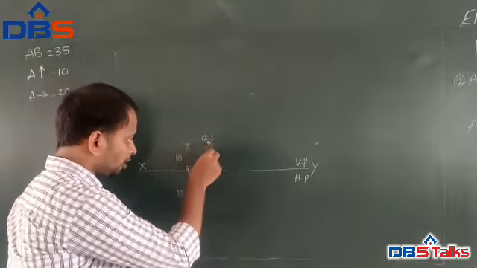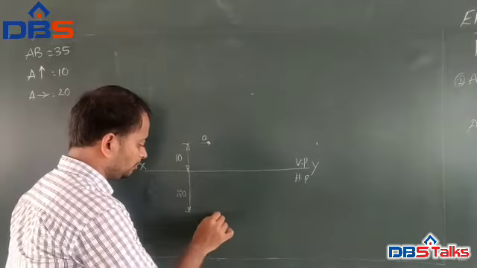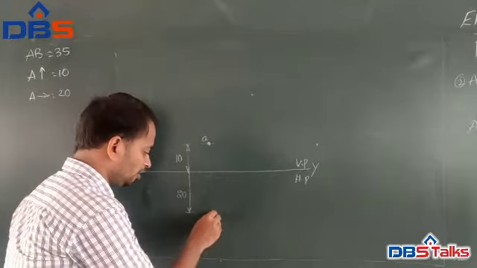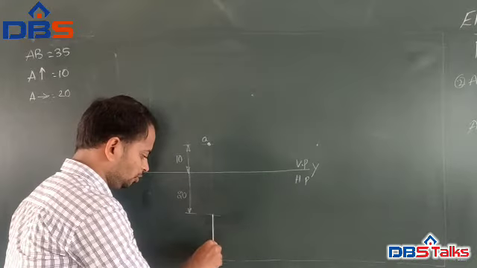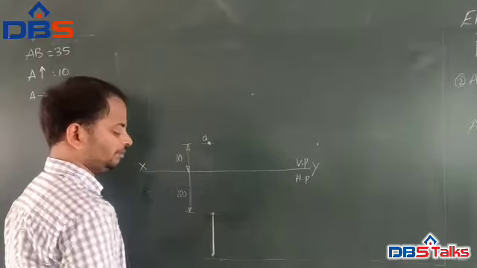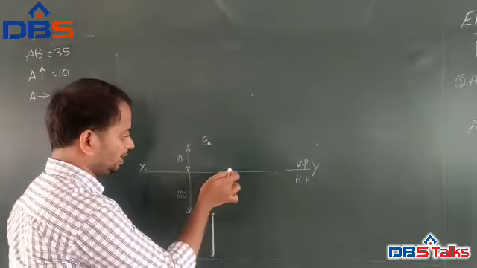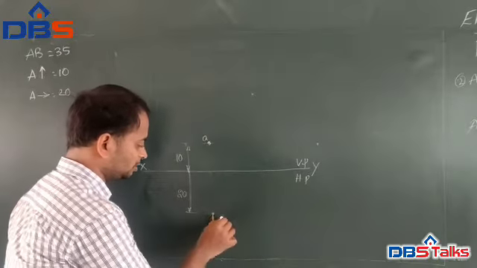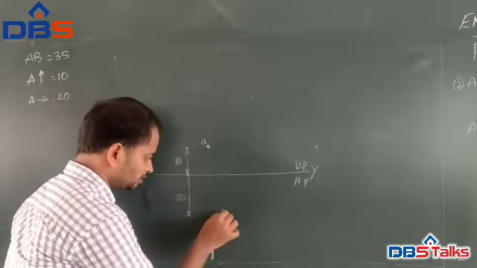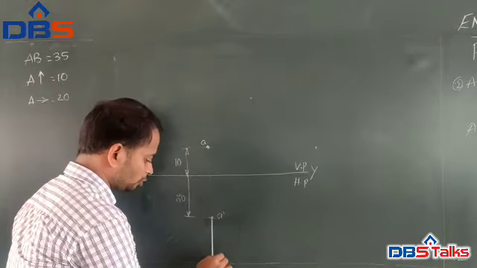So let us draw it. We know the information related to the vertical plane is always below the XY, which is the top view.